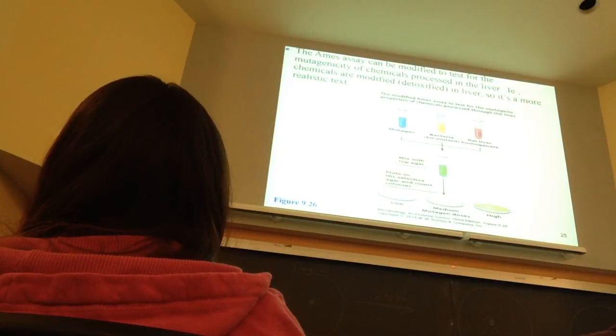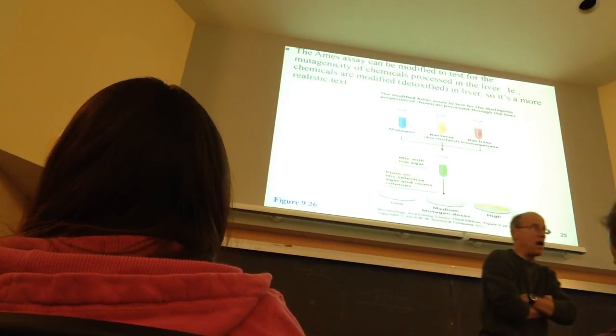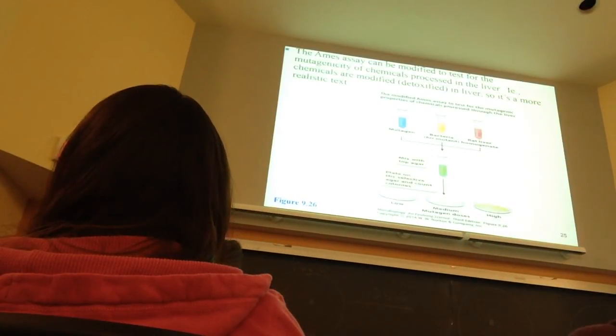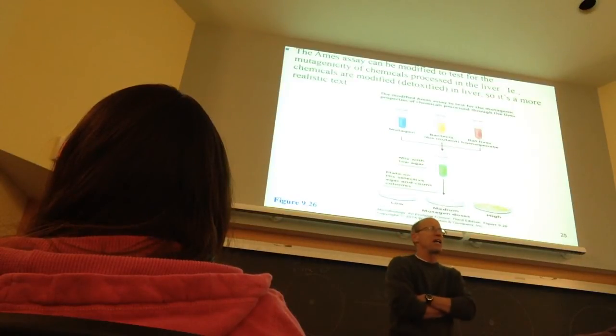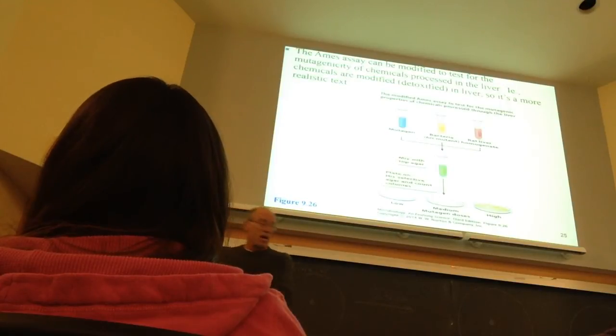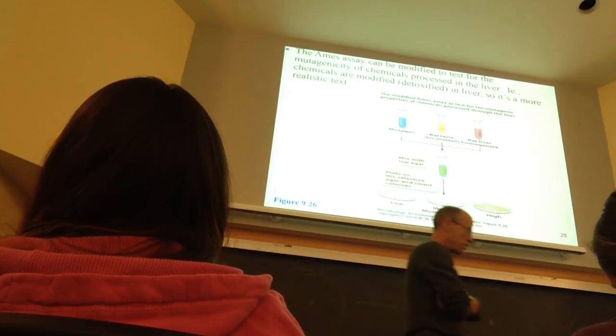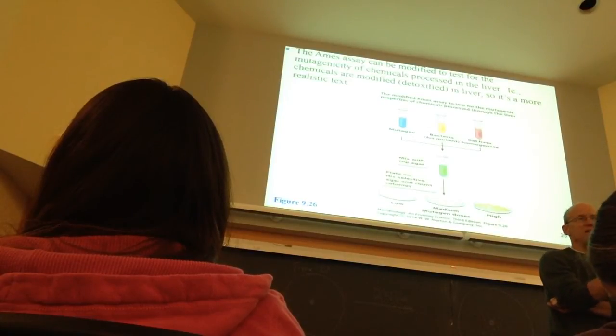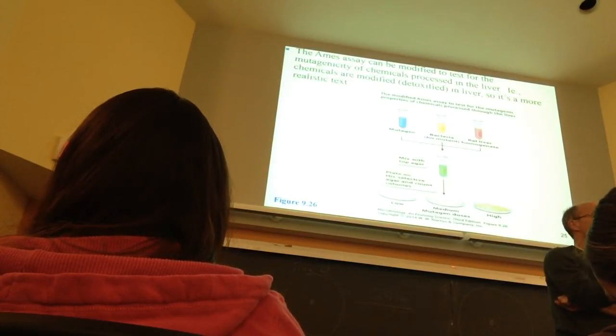But to make it more realistic for us, when we are exposed, like in our intestinal system, to chemicals, toxic chemicals are detoxified by a huge array of enzymes in our liver. And so to just test this chemical alone and say it's a mutagen is not all that fair of a test.